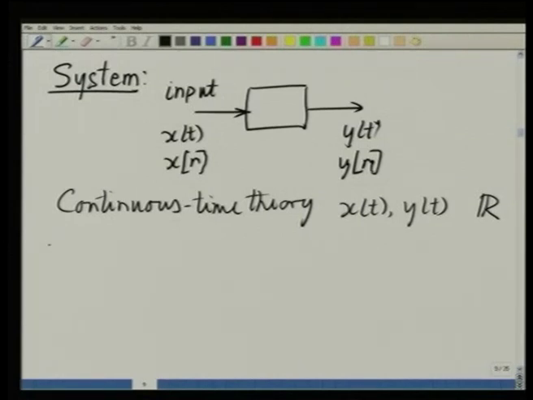In continuous time theory, the input signals as well as the output signals are continuous time signals, and the systems that we consider map each continuous time input signal to some continuous time output signal. Such a system is called a continuous time system.